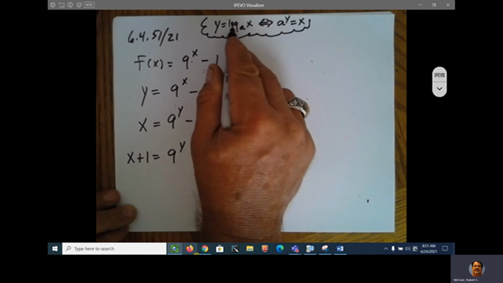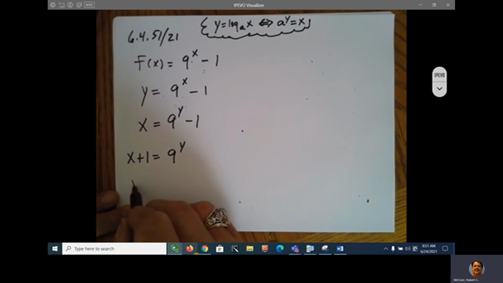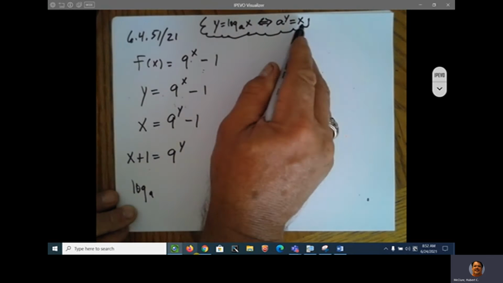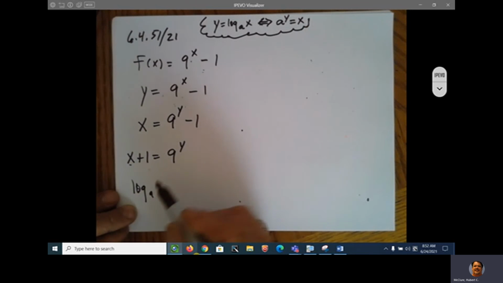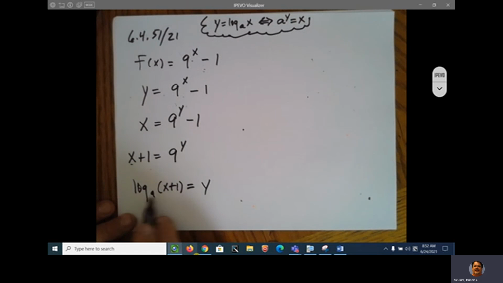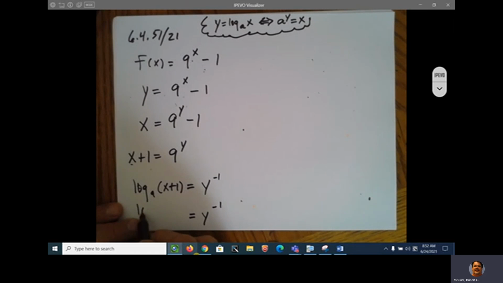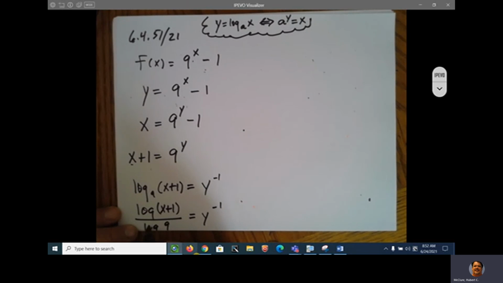So A, it's going to be log base 9. Log base 9 of what? Well, x. X is x plus 1 is equal to y. And that's y inverse, because we're finding y inverse is equal to log of x plus 1 over log of 9.